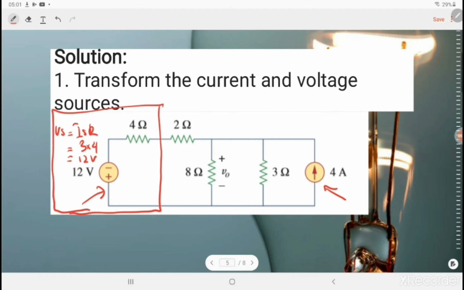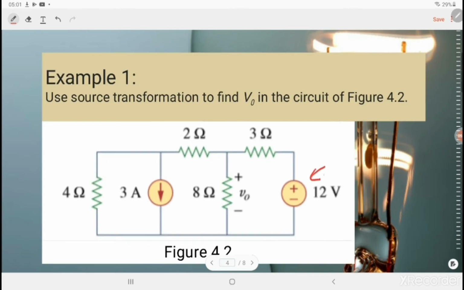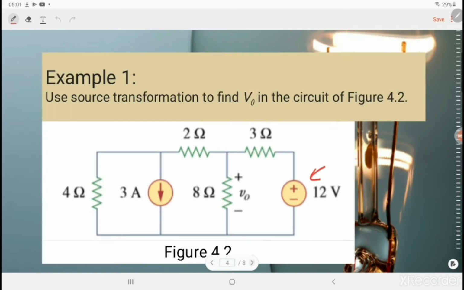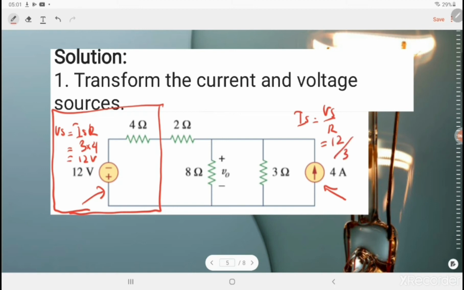Next, for the voltage source, we convert it into a current source. The voltage source value is 12 volts. In order to convert into a current source, we use Ohm's law, which is Is equal to Vs divided by R. Therefore Vs is 12 divided by 3, so Is is equal to 4 ampere.